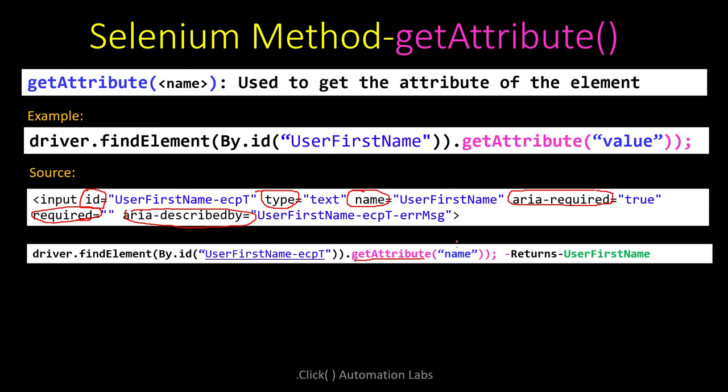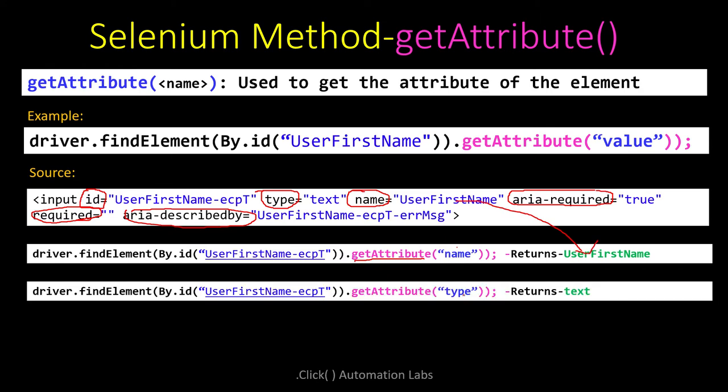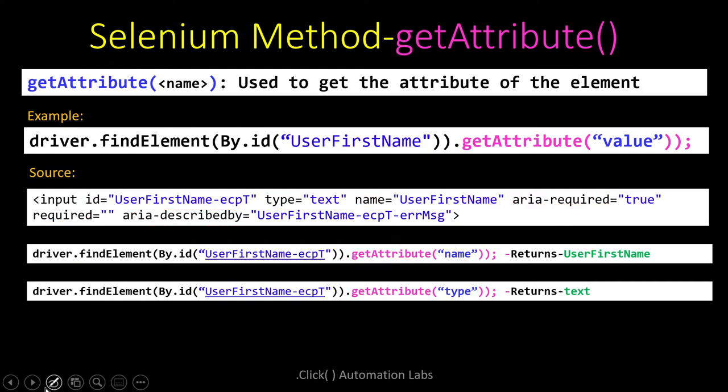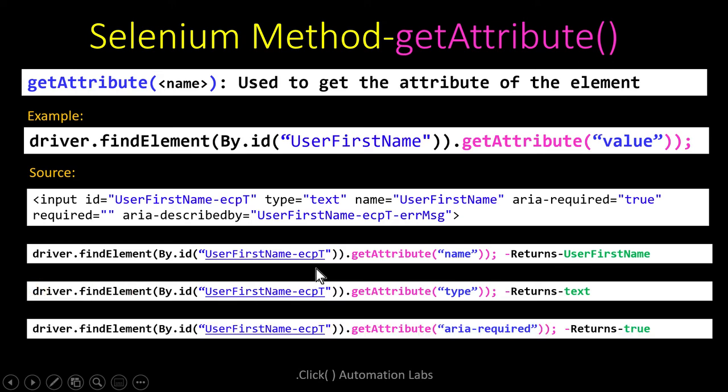If you say name, it will return the name value. If you use type, it should retrieve the text value. If you say aria-required, this will return true. This is the way of using getAttribute.